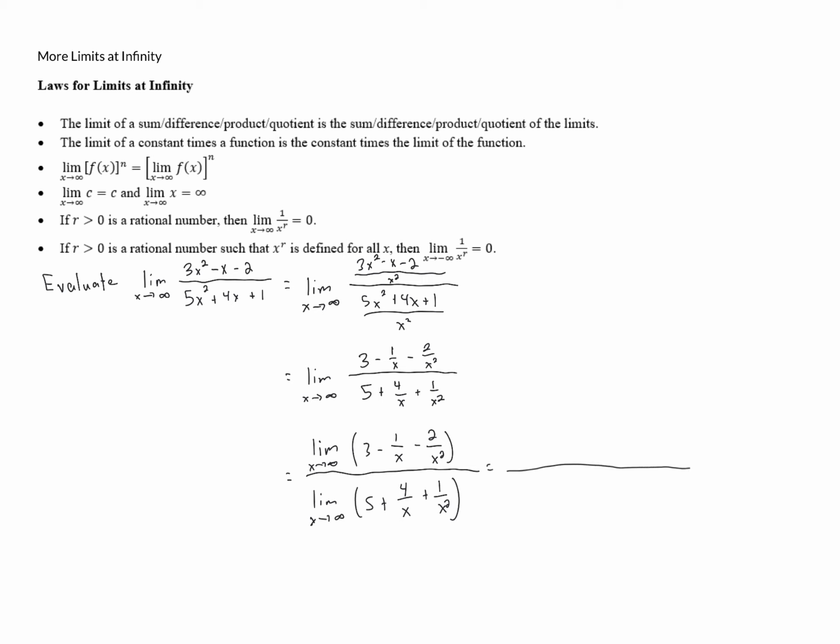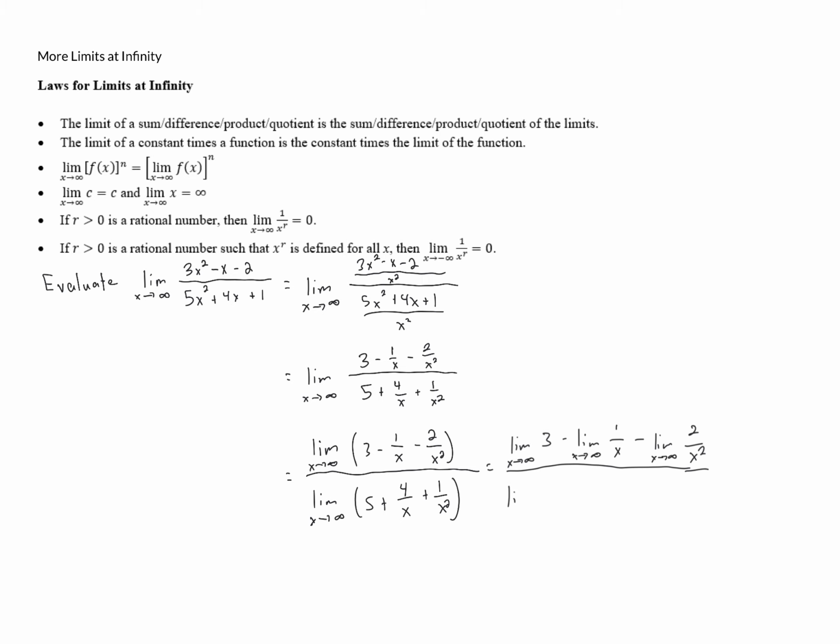So it's going to be a lot of limits. It's going to be the limit as x approaches infinity of 3 minus the limit as x approaches infinity of 1 over x minus the limit as x approaches infinity of 2 over x squared.